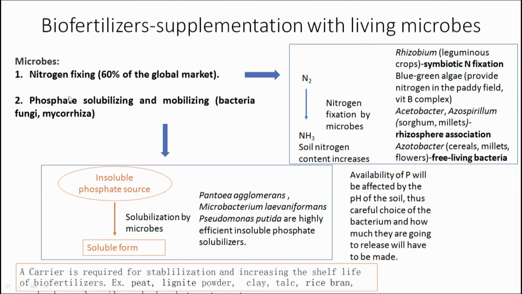The second is a very special category of microorganisms which have the ability to solubilize the phosphate, and also to mobilize the phosphate which is already contained in the soil. And what kind of microorganisms are these? These could be bacteria, or fungi, or mycorrhiza, which are again fungi, but very closely associated with the roots of the higher plants.